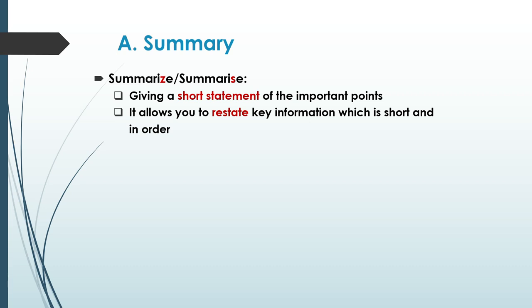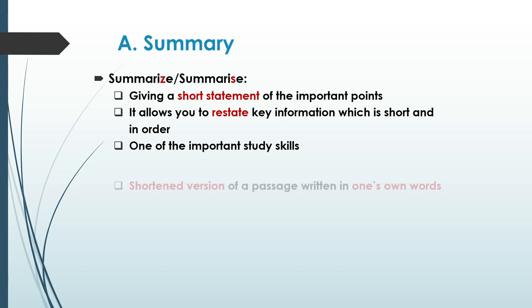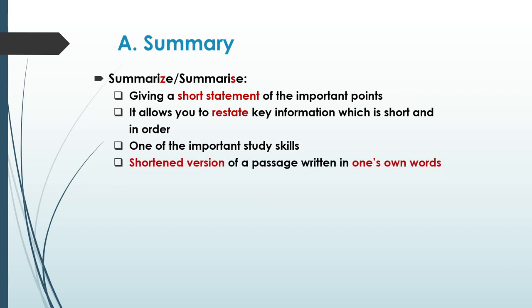It should not be disorderly, or have a haphazard sequence. It should be in the order of the original reading material which you are summarizing. Yes, as I already told you, it is one of the important study skills. It is a shortened version of a passage. And look at this important group of words, that is one's own words.